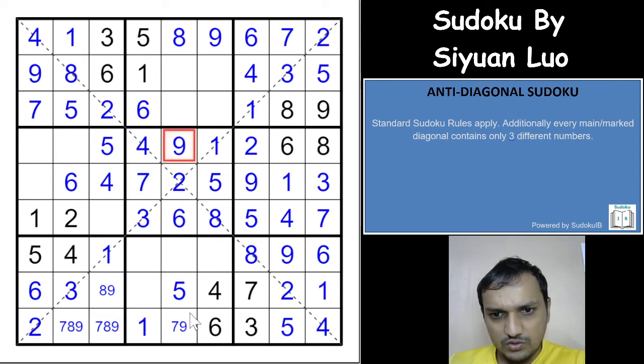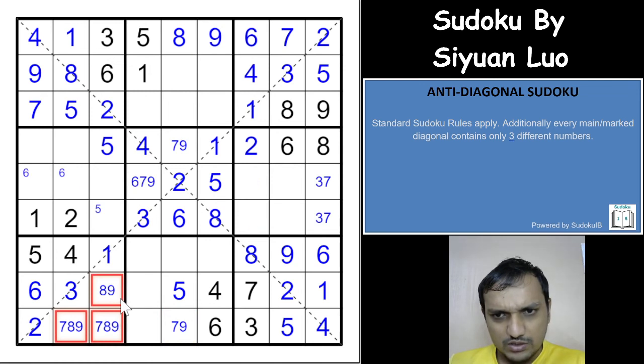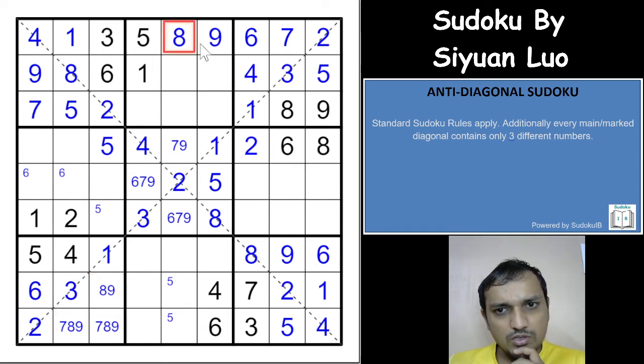This is 7, this is 9, that is 7 here. You cannot have a 7 here because that eliminates 7 from this cell. I have done a silly mistake here somewhere. When I always try to solve fast, that is what I end up with. Four, 1, 3, 5, 8, 9, 6, 7, 2, 3 and 7, 7 and a 3 here. That eliminates 7 from this cell.